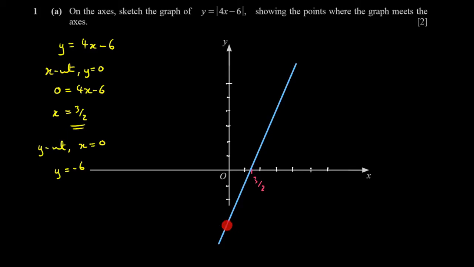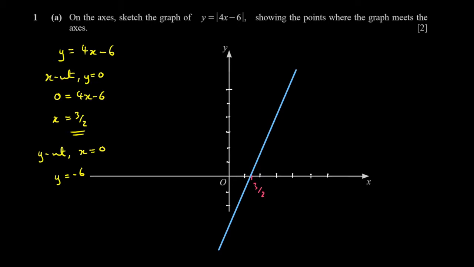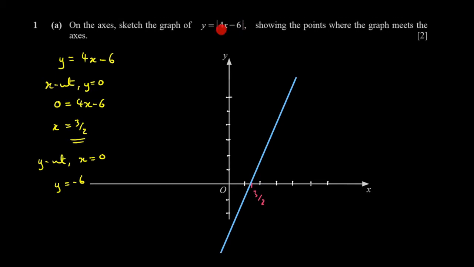So somewhere down there. Now, the point is, when we put a modulus on this, what does the modulus do? The modulus takes everything inside and turns it into a positive. So if the value of the number inside the modulus is 3, for example, it will just give 3. But if the value inside the modulus is negative, like negative 5, it will turn it into positive 5.